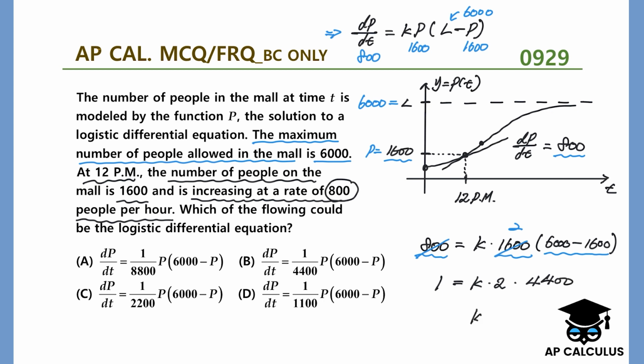So k is going to be equal to 1 over 2 times 4,400, that's 8,800. So our differential equation dp/dt is equal to 1 over 8,800 times P times (carrying capacity 6,000 minus P). So the answer must be A.